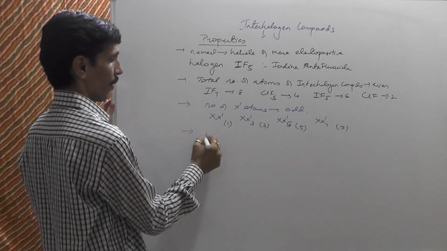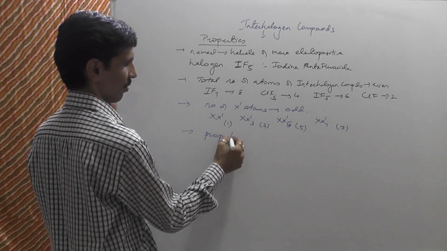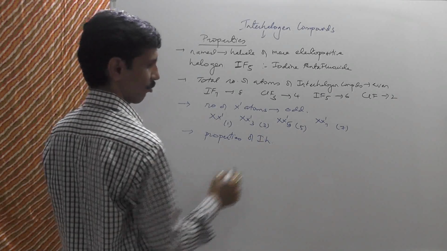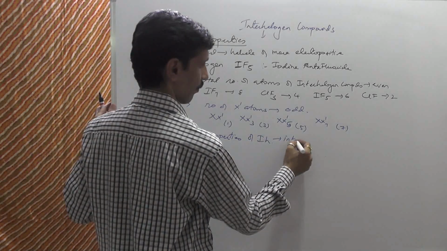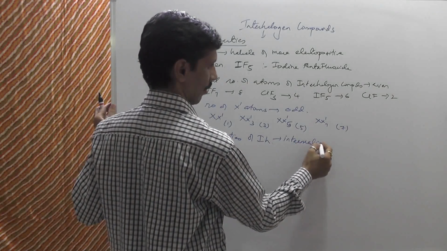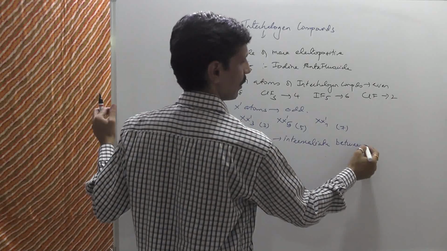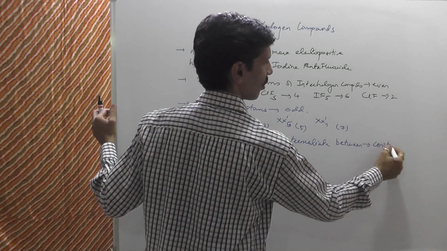Next one is properties of interhalogens की जब हम बात करते हैं, I just write down in short interhalogen, it is going to be intermediate, okay मतलब वो बीच में है between the constituent halogens.